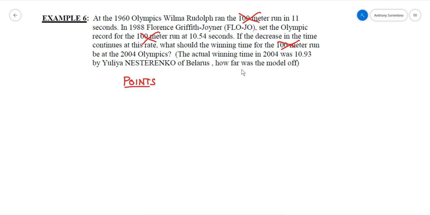is that I would have the year 1960, comma, 11 for the number of seconds, and then I would have 1988, comma, 10.54.